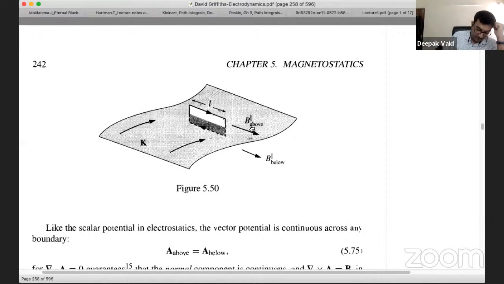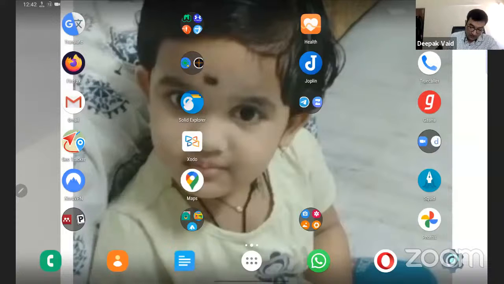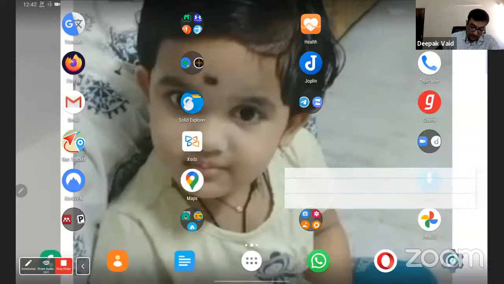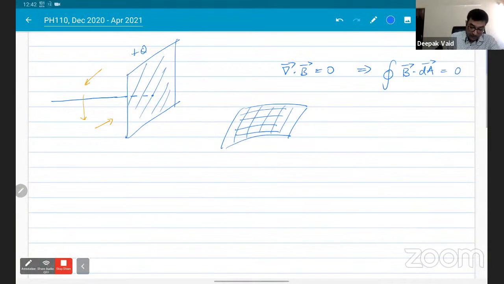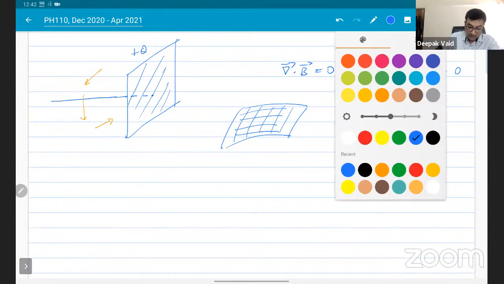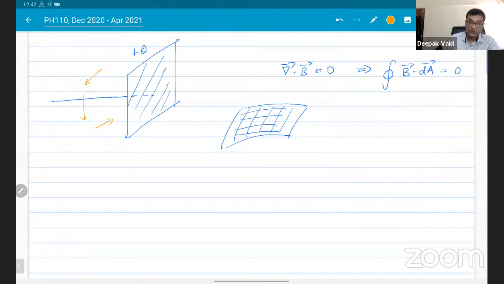Let me draw this diagram again. I have some closed loop. It's not showing up very quickly. And I ask what is the magnetic field around this closed loop.